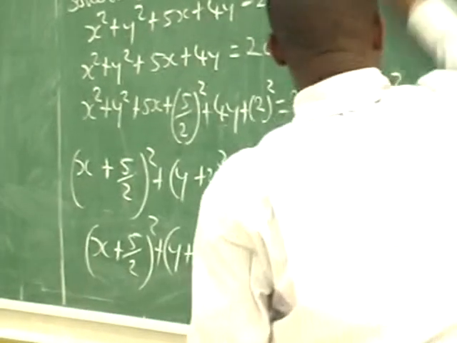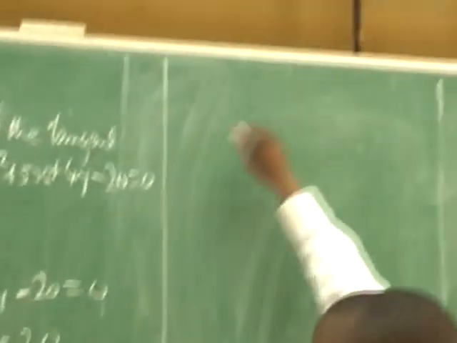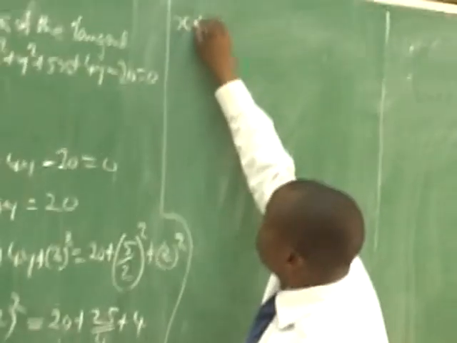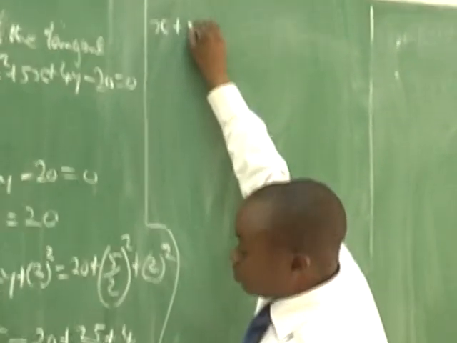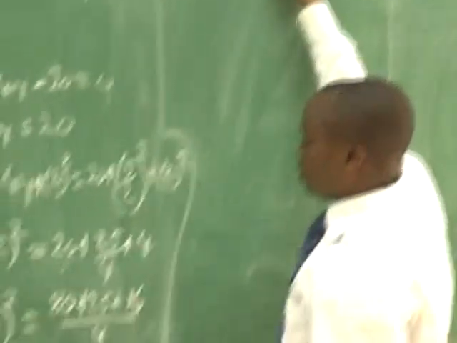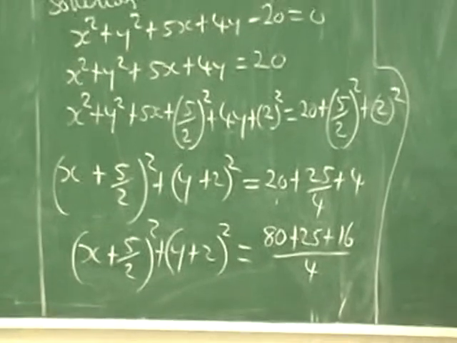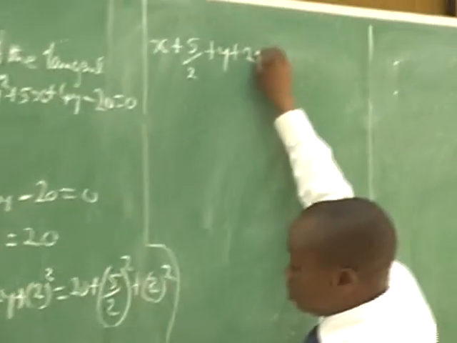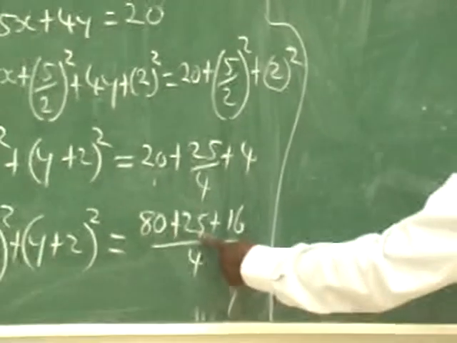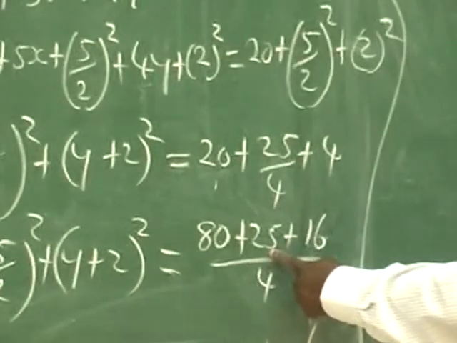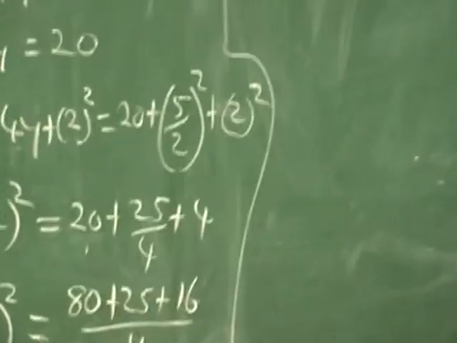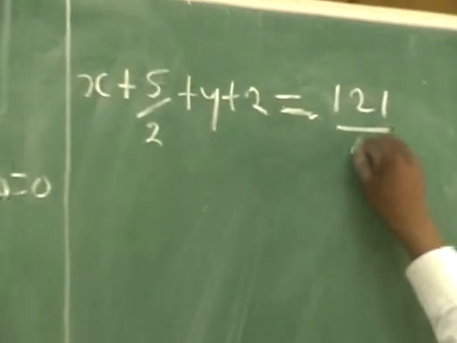Now this is the same thing as (x plus 5 over 2) squared plus (y plus 2) squared, which will be equal to, is this one, 80 plus 25 will give us 105, plus 16, 121, 121 all over 4.